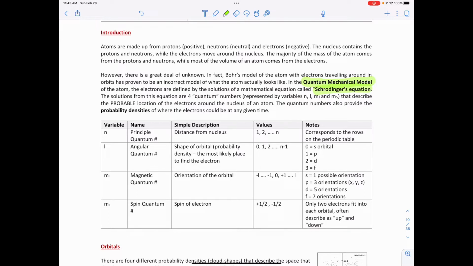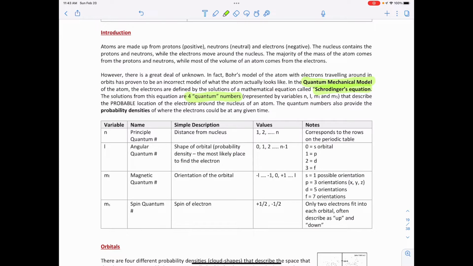Schrodinger's equation has 4 possible solutions, known as the 4 quantum numbers, represented by the variables n, l, m subscript l, and m subscript s, that describe the probable location of the electrons around the nucleus of an atom.